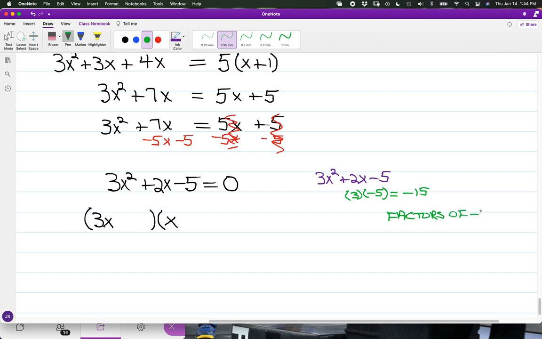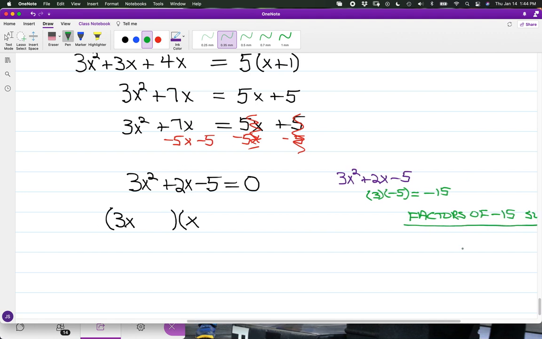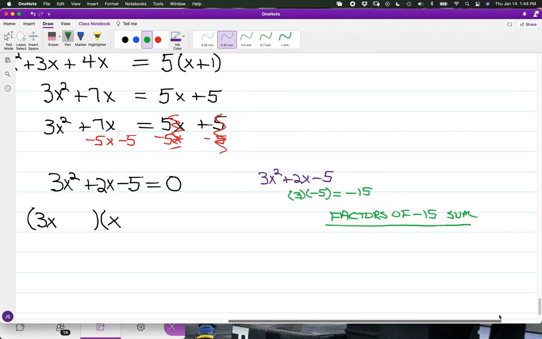Now looking for factors of negative 15 whose sum will be positive 2, right now I had 3 and negative 5, which combine to negative 2. However, if I change the signs, so I have negative 3 and 5, that will be a positive 2.